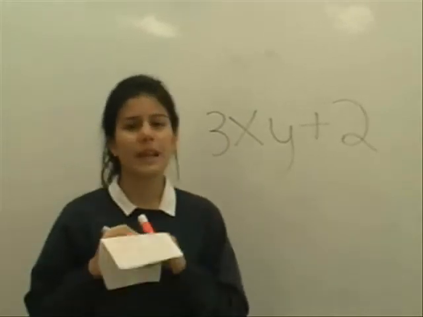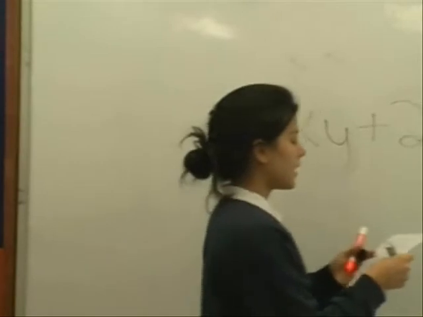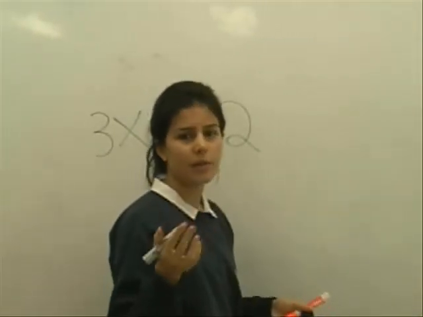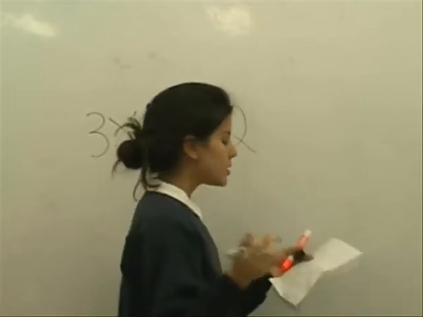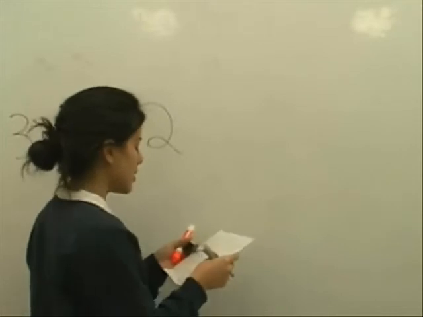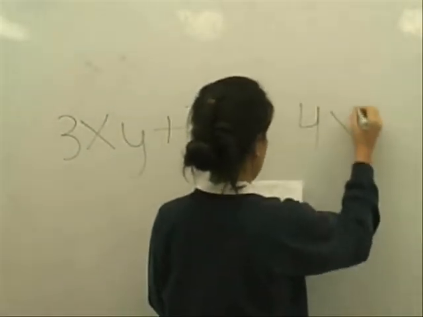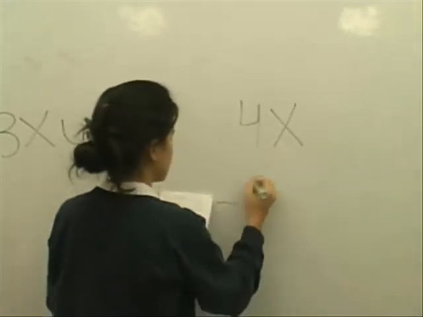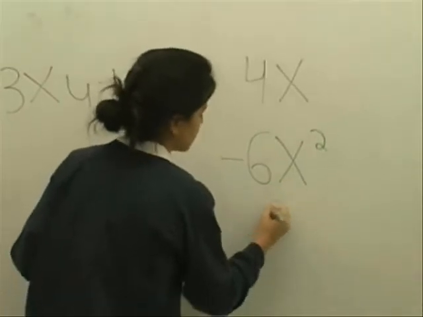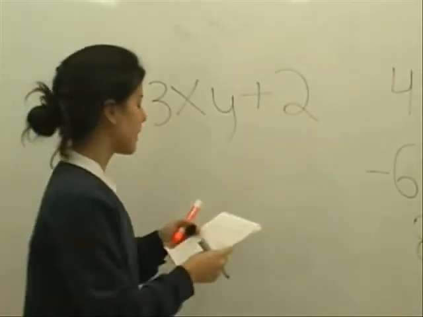Okay, polynomials have certain names. Polynomials are made up of many terms. So, a polynomial that has just one term is called a monomial. For example, 4x or minus 6x to the power of 2 or 8. Those are monomials.